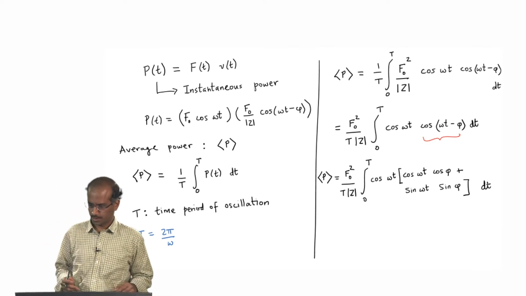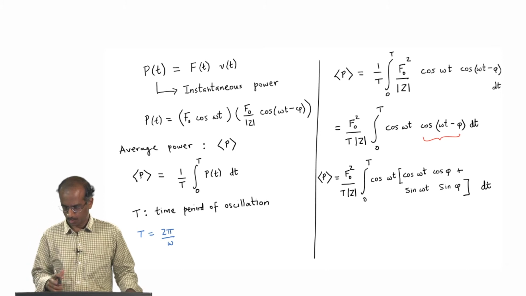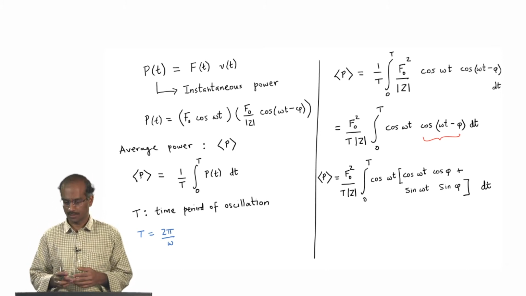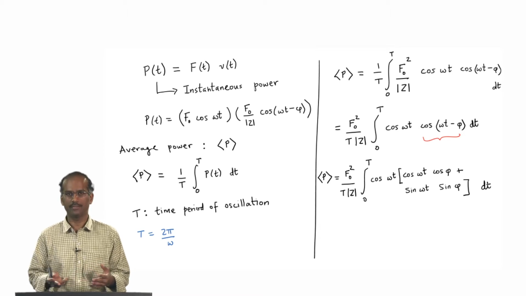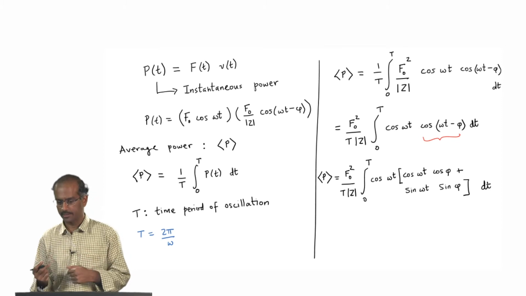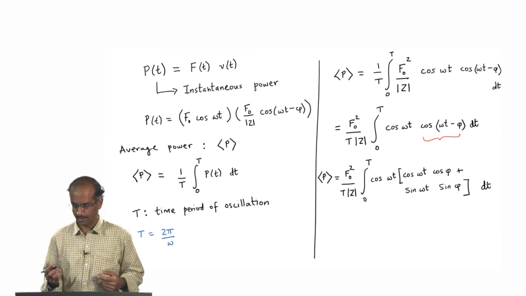So, it is now split into two parts, and the first integral essentially is the integral of cos square omega t dt, and the second one will be the integral of cos omega t sin omega t.